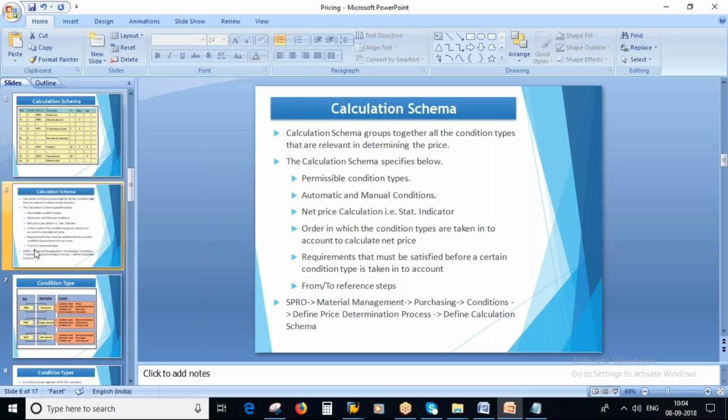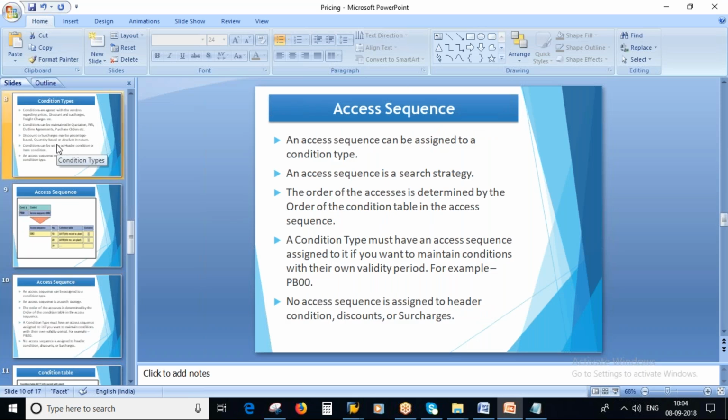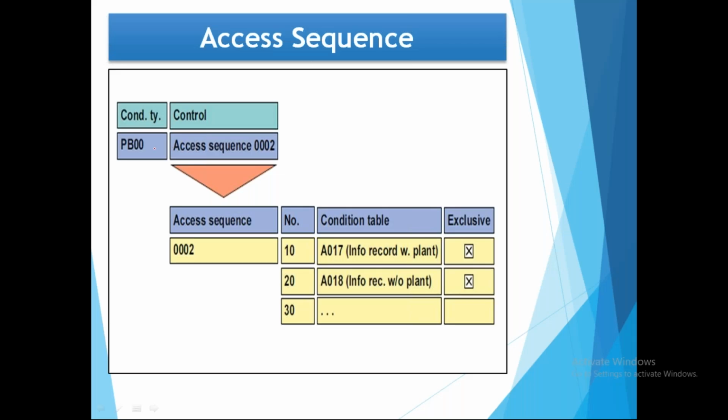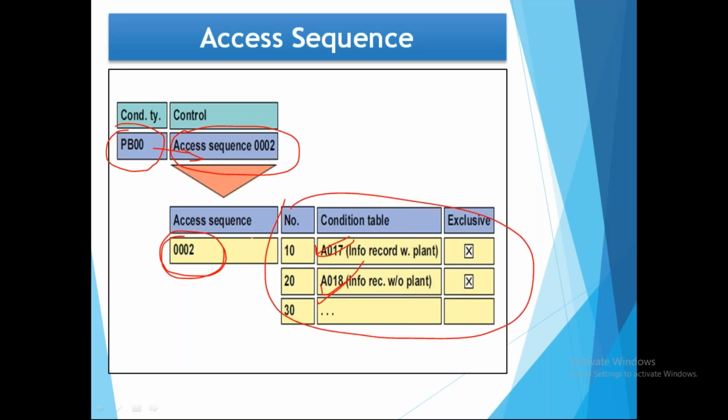Okay, so here an access sequence may be assigned to a condition type. We have the condition type, and for the condition type they will assign an access sequence. In this access sequence, you maintain from which condition table it has to pick the price, in a sequential manner.